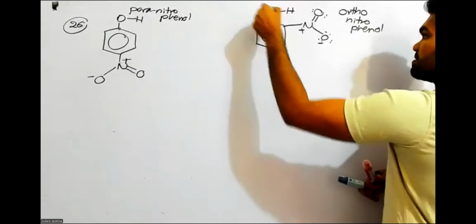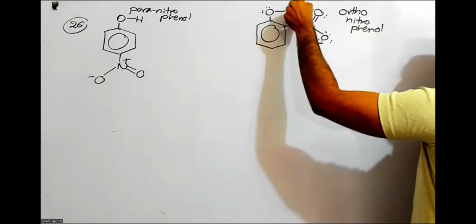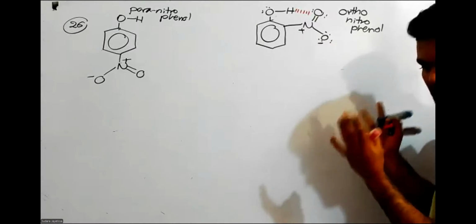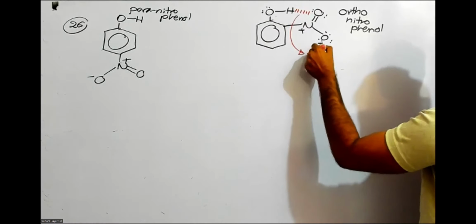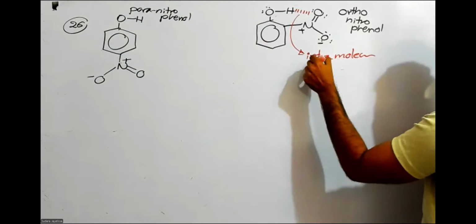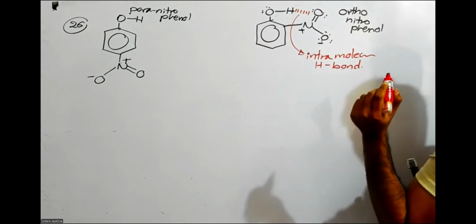See, now here in the orthonitrophenol, you can see this hydrogen bond. This hydrogen bond occurs within the molecule. So this is called an intramolecular H bond.